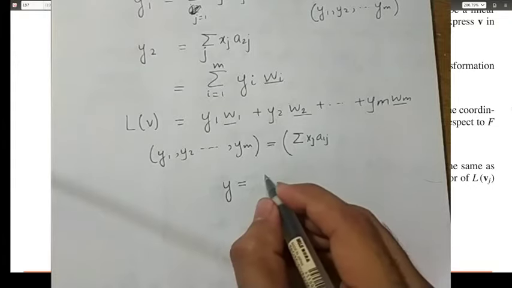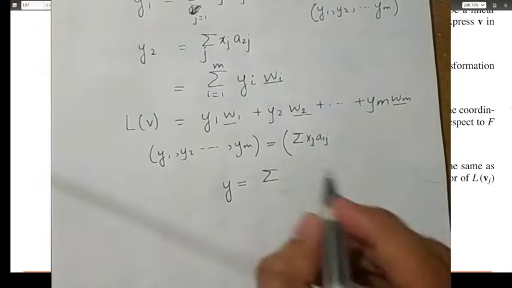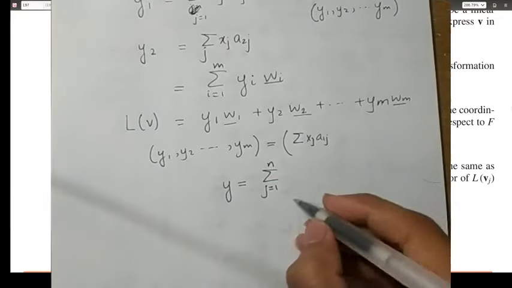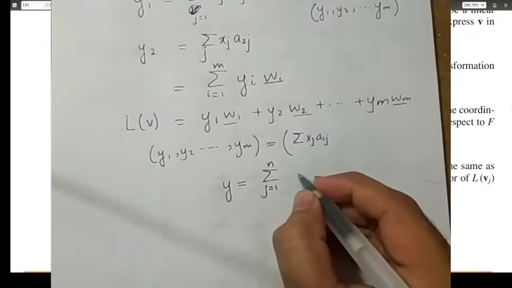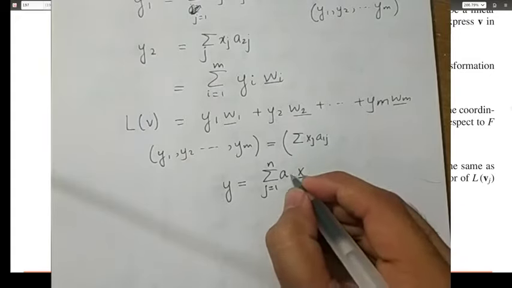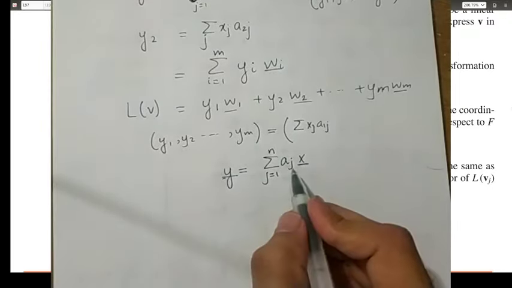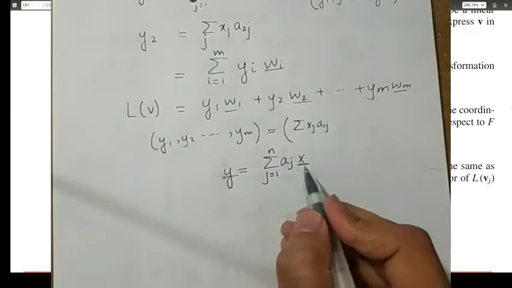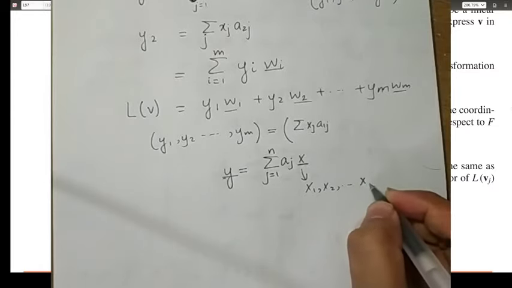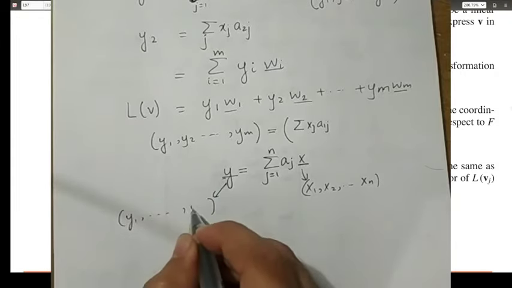If I express these as column vectors, then this is just summation over j from 1 to n of xj times aj. So aj is essentially the column vector that we found initially, and x is nothing but x1, x2 up until xn, and this was nothing but y1 to ym.